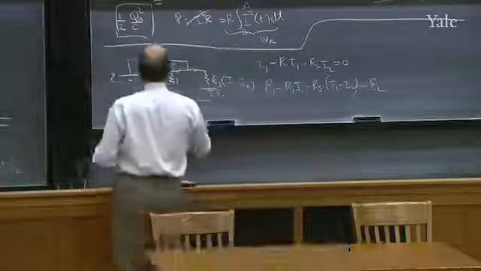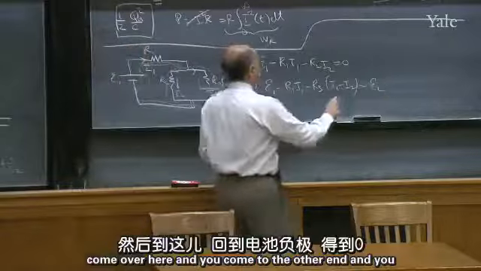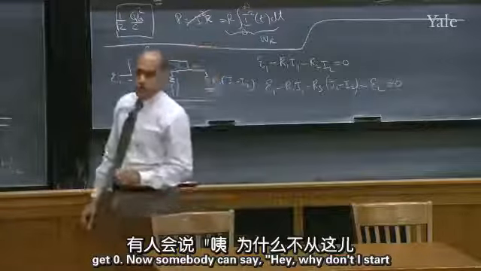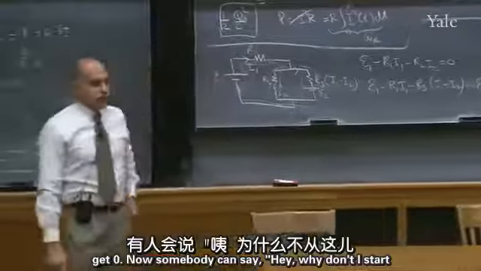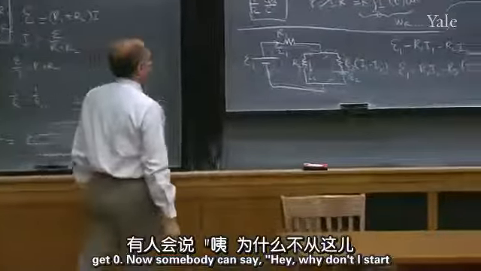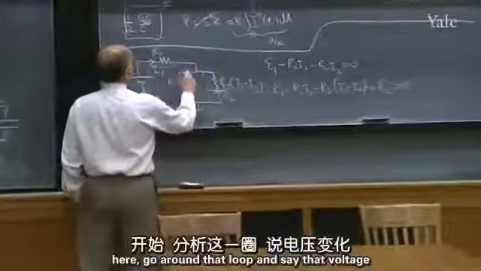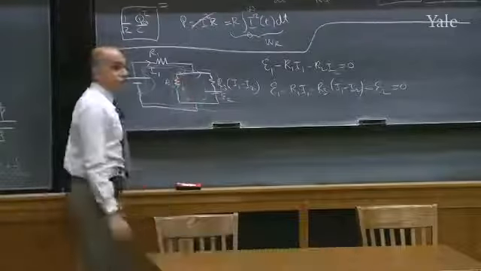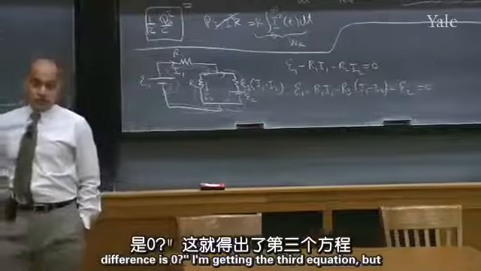Then you come over here and you go to the other end and you get 0. Now somebody can say, hey, why don't I start here, go around that loop, and say that voltage difference is 0. I'm getting the third equation.